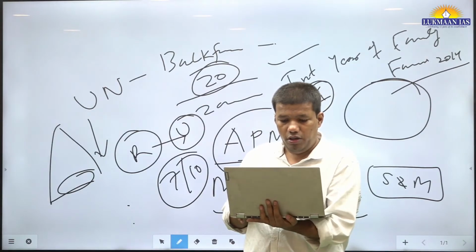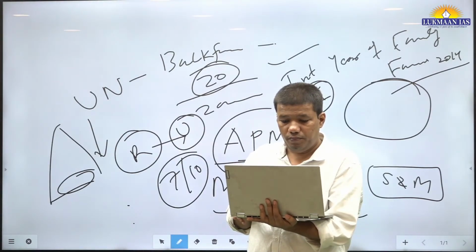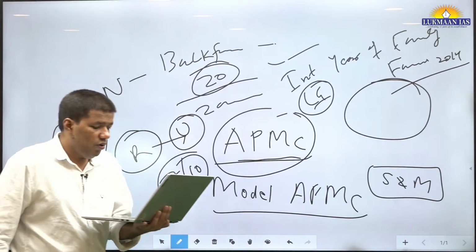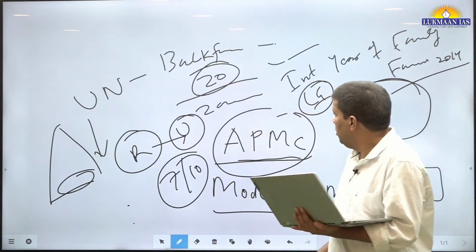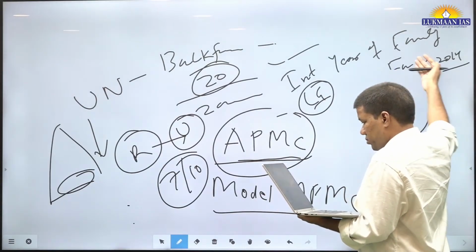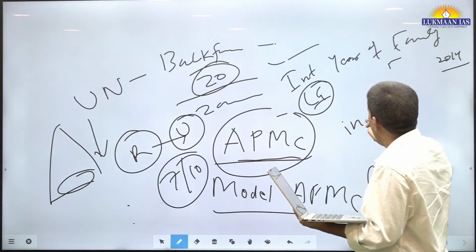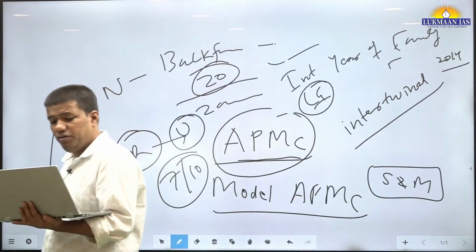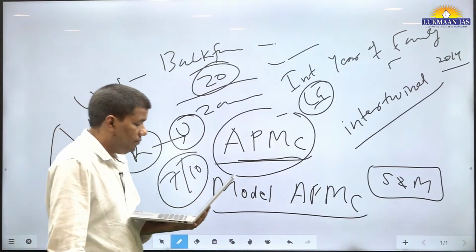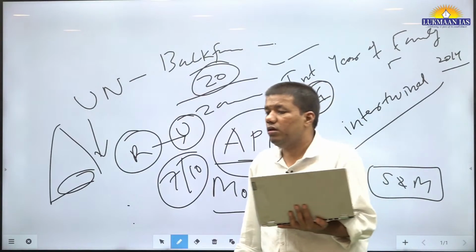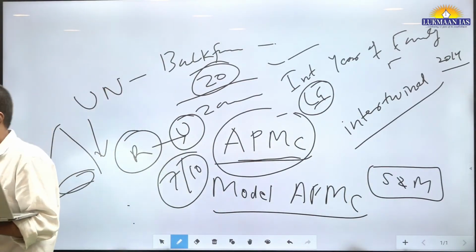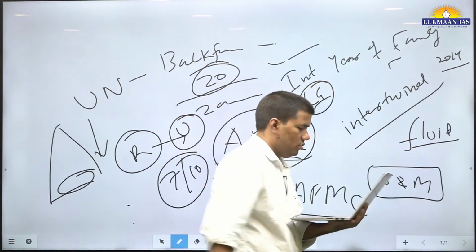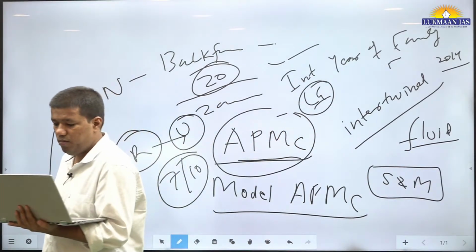Okay. Write down this paragraph. As urbanization increases, rural and urban areas are becoming more intertwined, and the spatial distinction between them is becoming more fluid. Full stop.